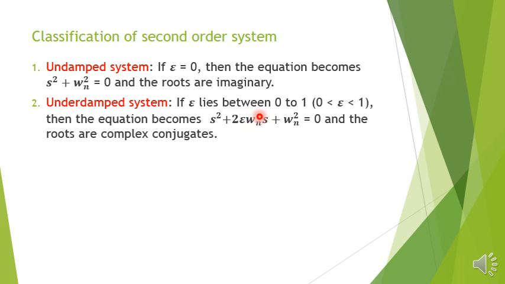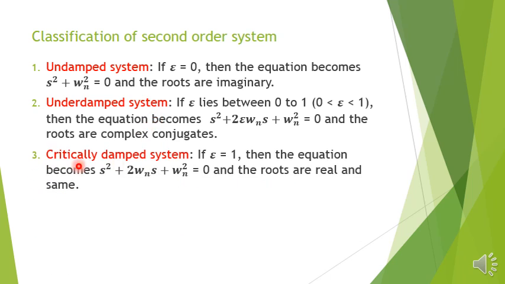According to the mathematics, if this value is less than the perfect square value, then the roots become complex conjugate. In the undamped case, roots are purely imaginary. Here they are complex conjugate, that means a plus jb and a minus jb are the roots of this underdamped system.